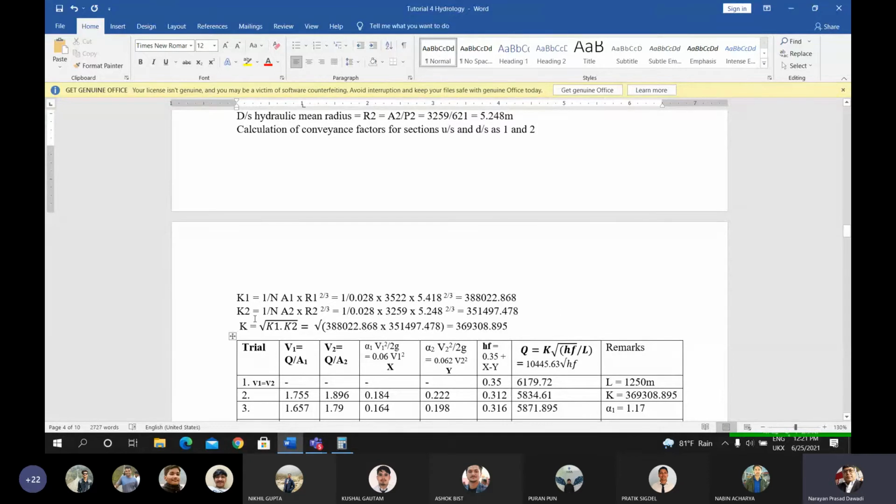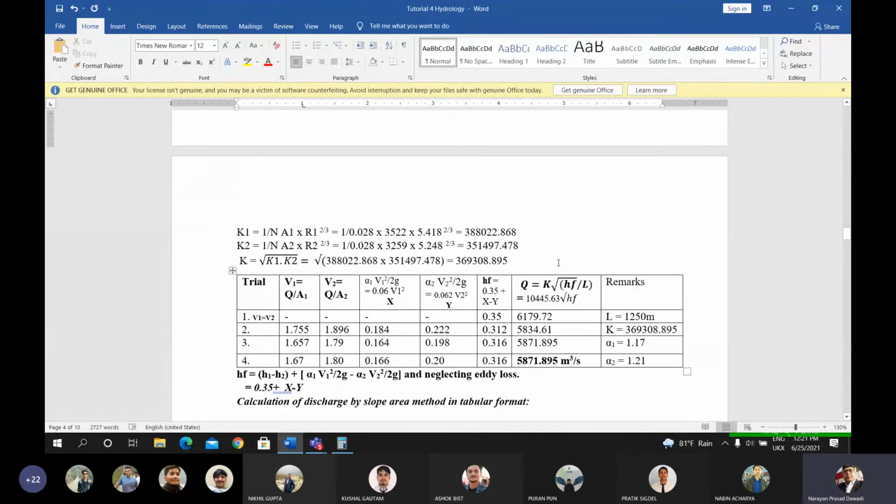Similarly, the conveyance factor for section 2, K2, will be 351,497.478 by putting each section's area and hydraulic mean radius in the equation of 1 by n A R power 2 by 3. After this, we find the average conveyance factor.